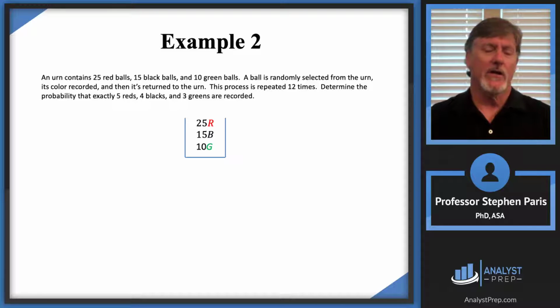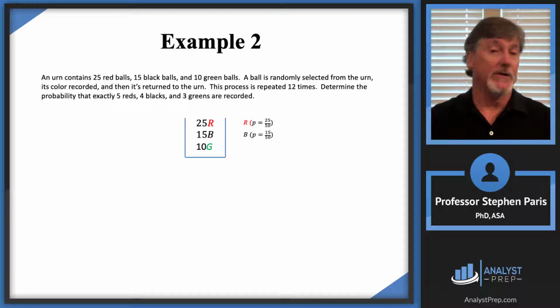And notice that because we're selecting a ball from the urn and then putting it back into the urn, at any time there's going to be 25 red balls in the urn and 50 total balls. And so the probability of selecting a red ball is going to be 25 out of 50.